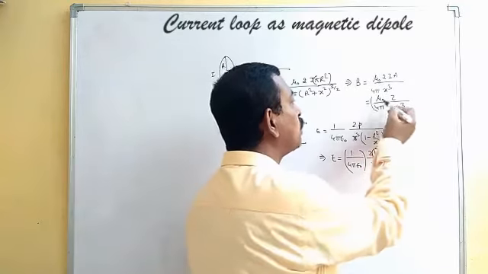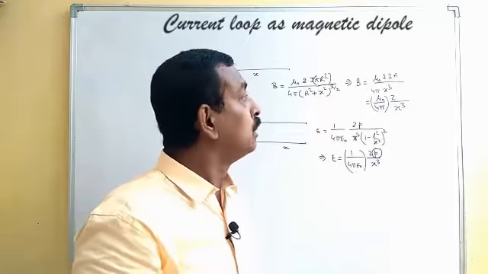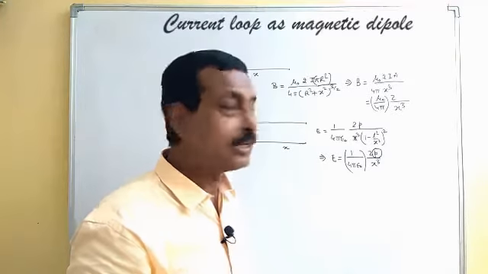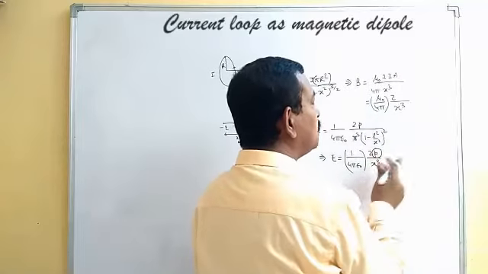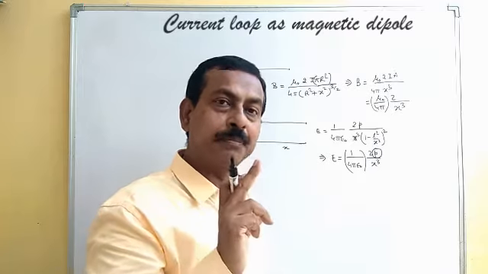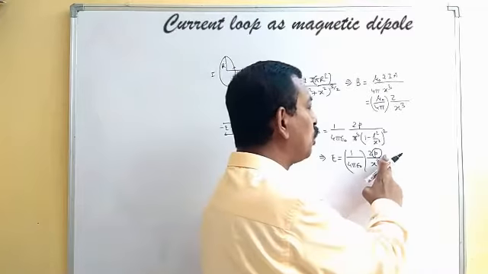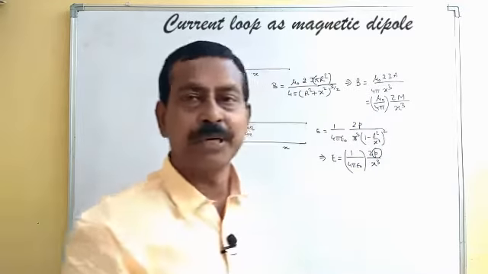Here it is mu naught by 4 pi, which is also a constant, but dealing with the magnetic field. So this term I into A must be coming in place of some moment term. As here we have the electric dipole moment, so here we call it the magnetic dipole moment.